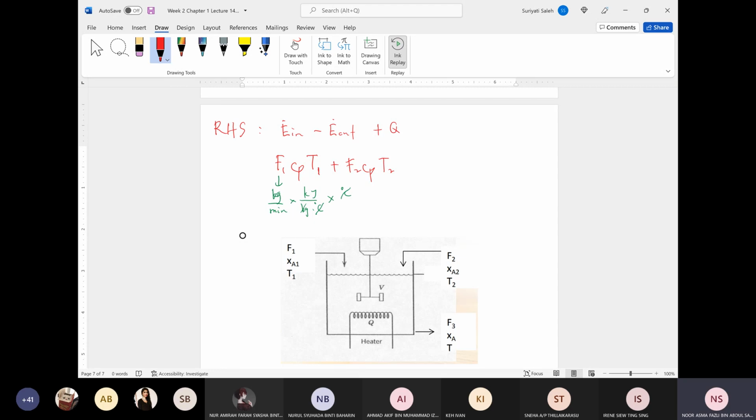F1 Cp T1 and F2 Cp T2 represent the energy coming into the unit operation. So we complete the E dot in. Now we focus on the E out, where you have the exit flow rate. It still follows the same term, F3 Cp T3.